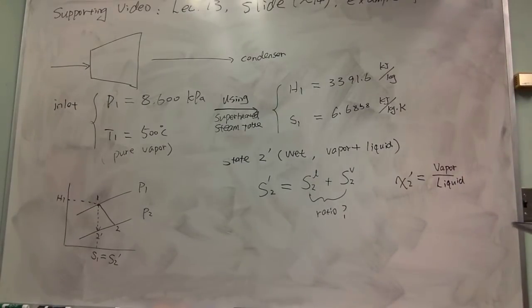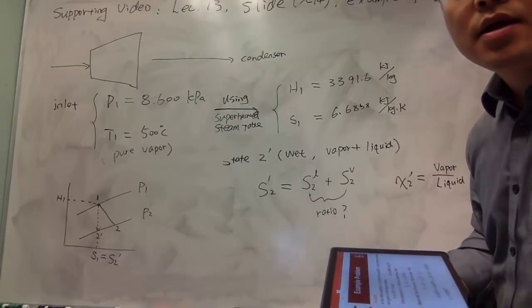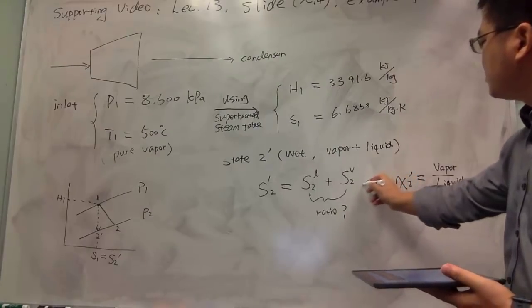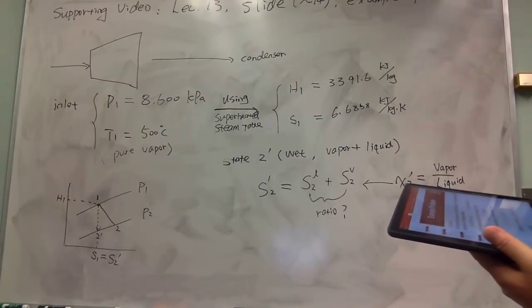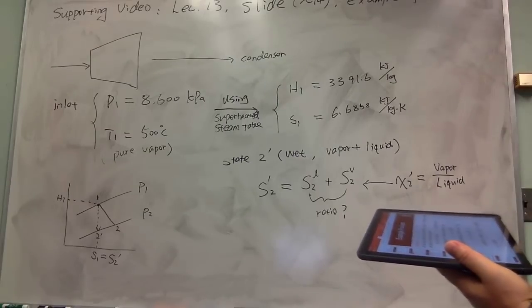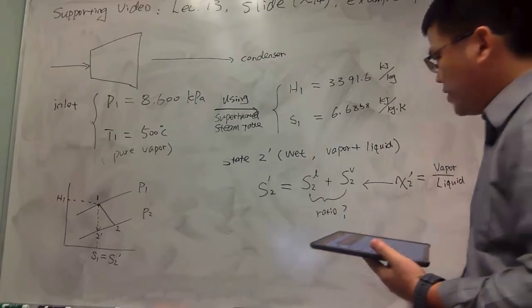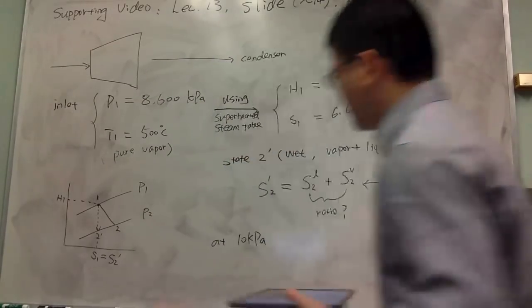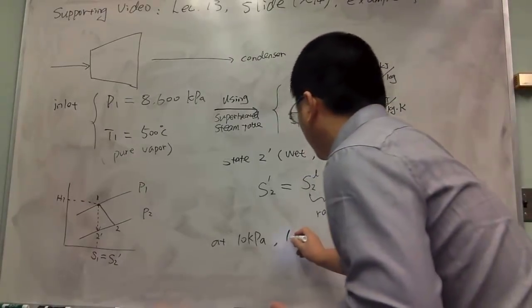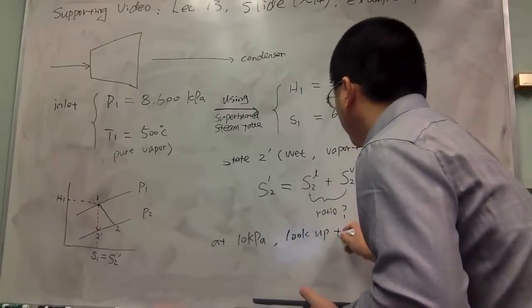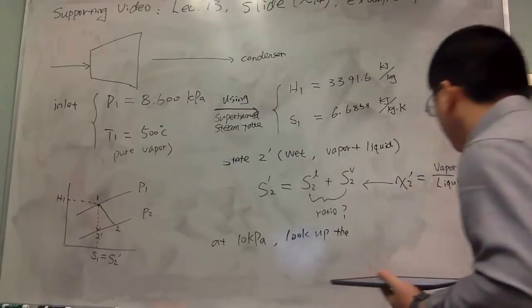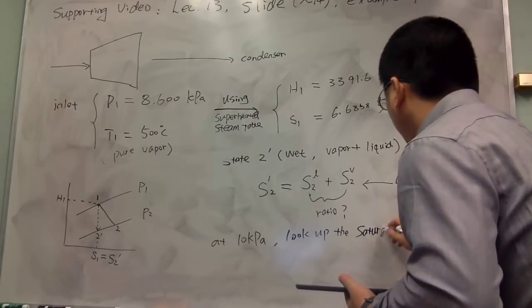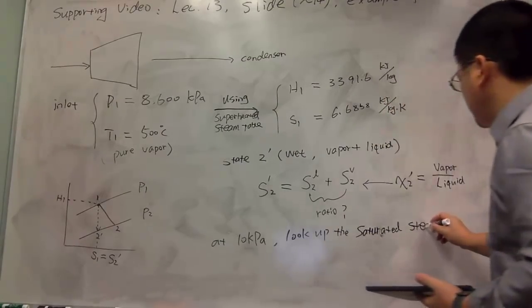Now if I combine x2 prime and I want to set up the actual equation, then at this 10 kPa I would look up the saturated steam table.